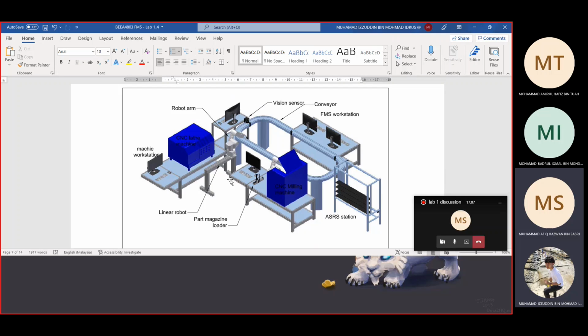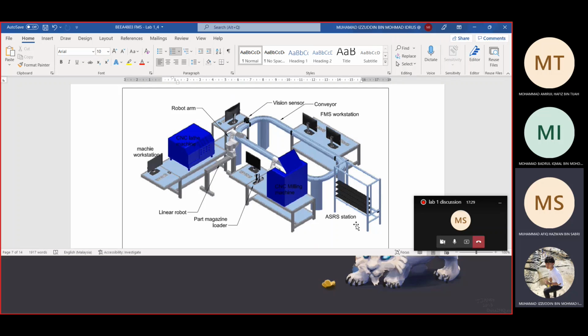For the first part, we use the automated storage and retrieval subsystem, or we call it ASRS. It works as a place to store the raw material, processed and semi-processed goods, and rejected parts. For the second part, we use the material handling subsystem.